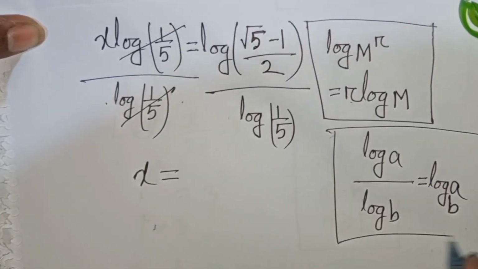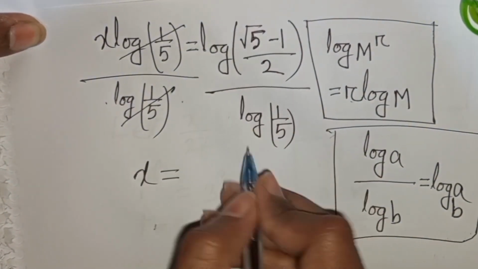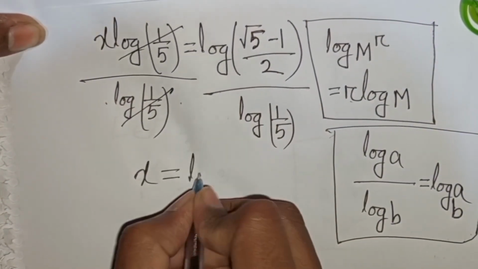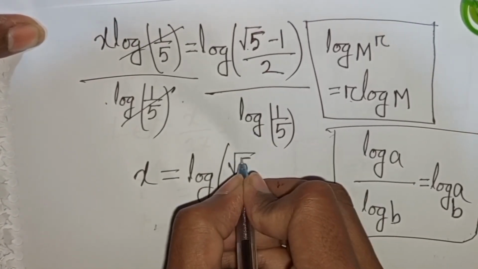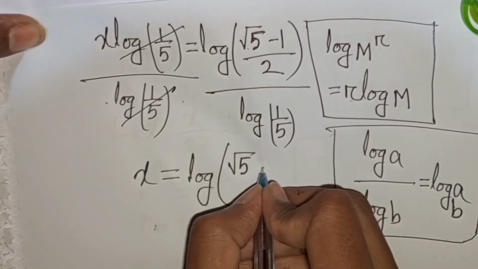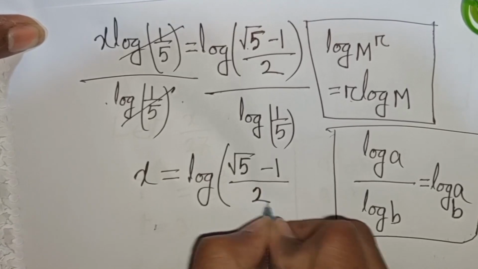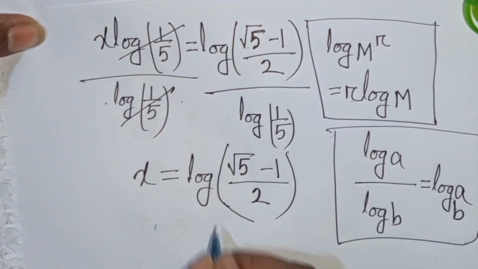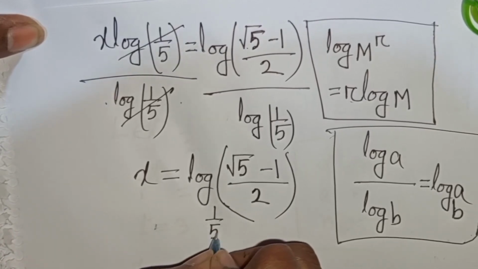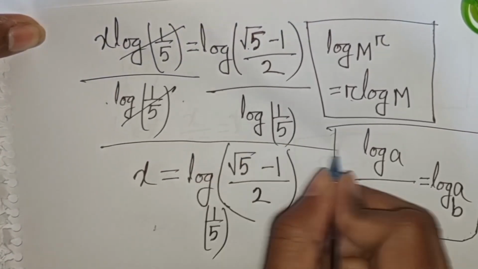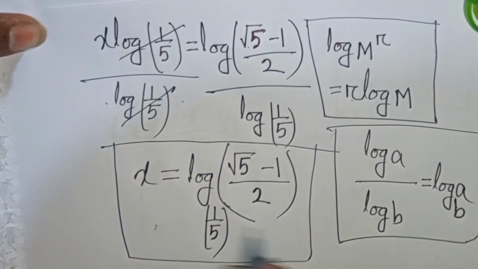According to this formula, this divided by this, that means it will be log of (square root of 5 minus 1) over 2, with base 1 by 5. So, this is the value of x. So, this is our final answer.